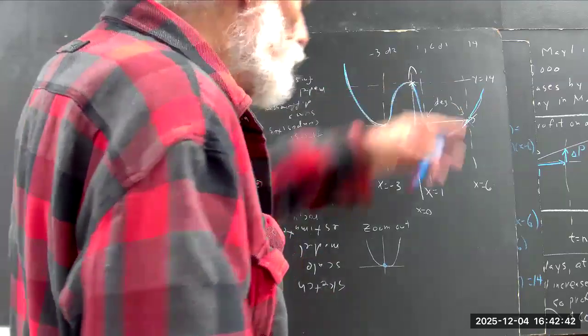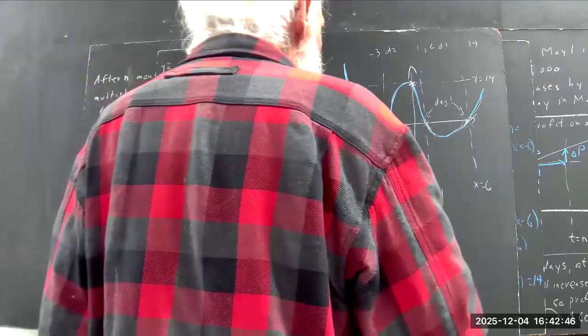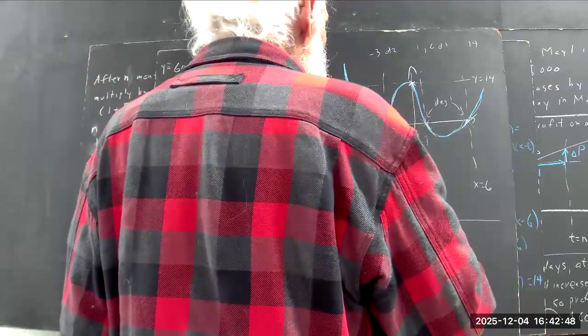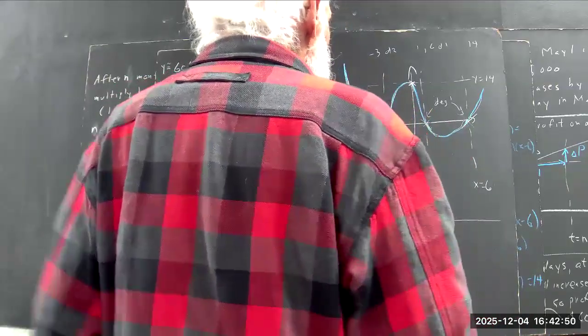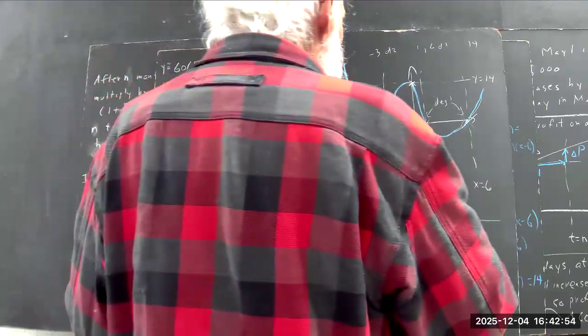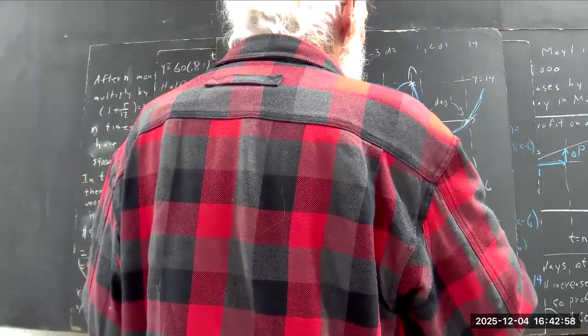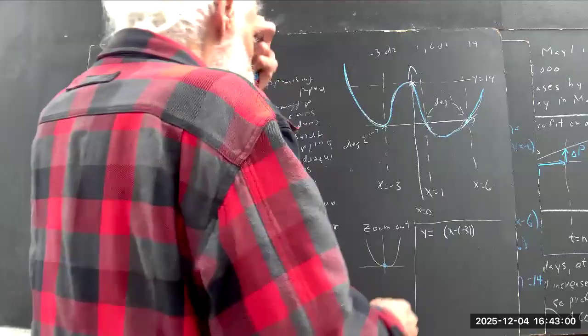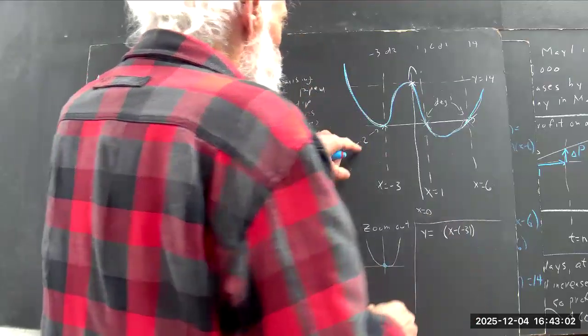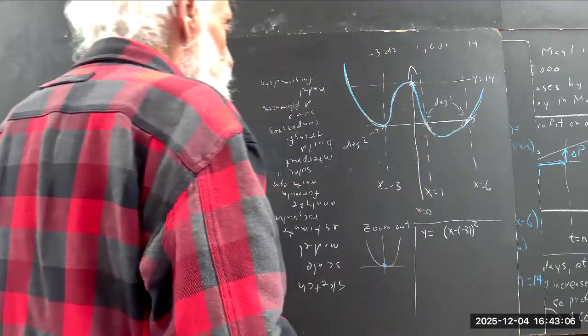Let's get the formula or a formula for this function. Well, we know that y is going to equal, well, to get a 0 at x equals -3, we've got to have x minus -3 or x plus 3. And that 0 is going to be of degree 2, only if this is squared.